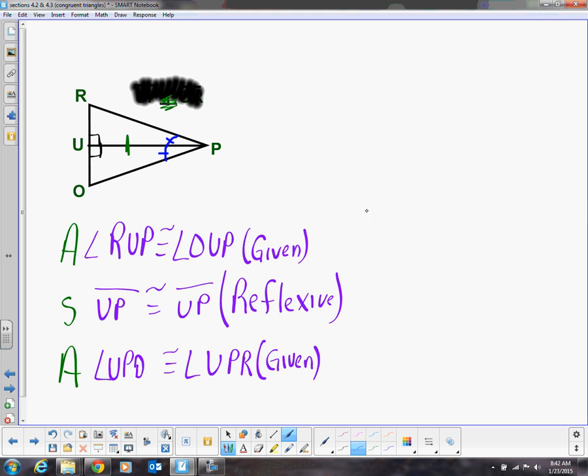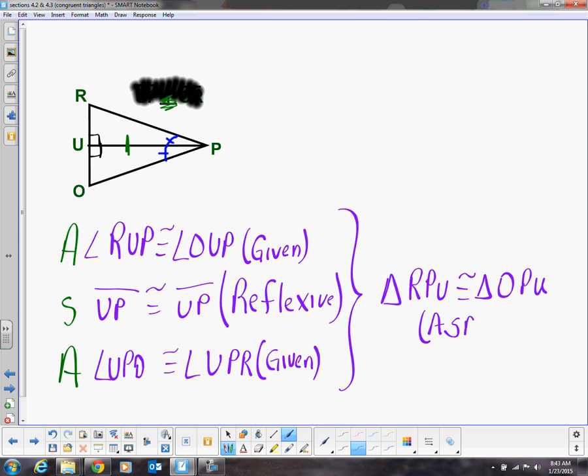So, Lucas, give me the upper triangle. RPU is congruent to O corresponds to RPU. And what is our reason?